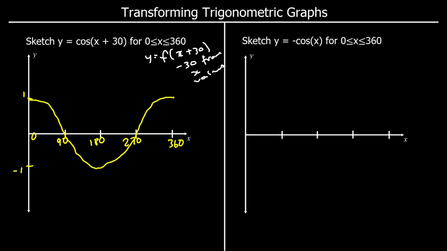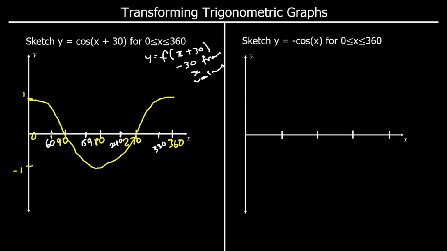We want to take 30 away from all the x values. So where we had 90, it's now going to be at 60. 180 will be at 150. 270 will be at 240. And 360 will be at 330.